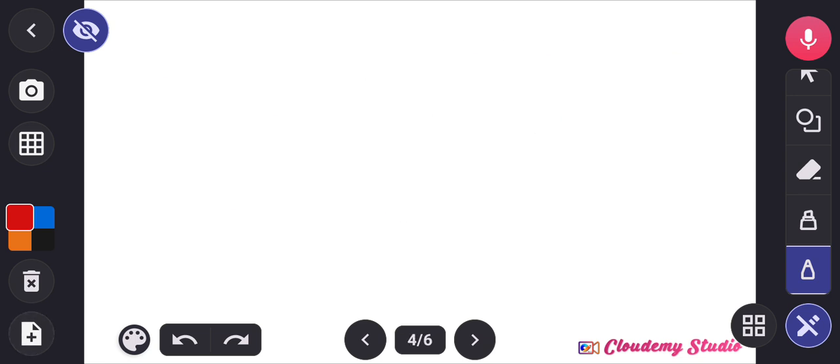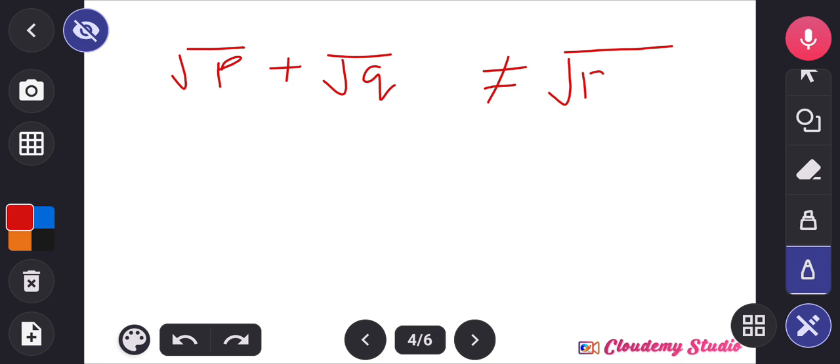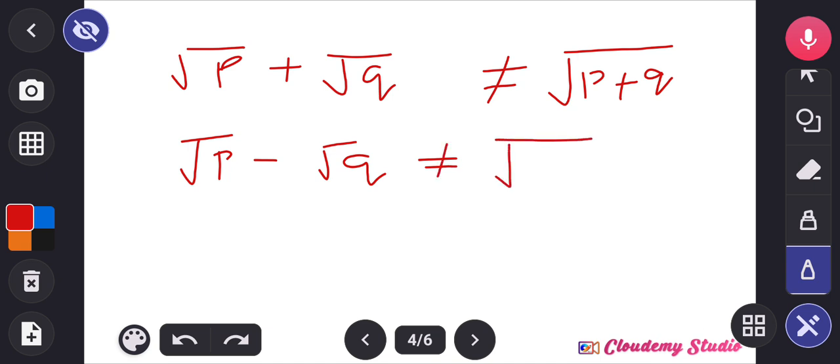The third one is root p plus root q is not equal to root of p plus q. You get what I'm trying to say now? And also, root p minus root q is not equal to root of p minus q.